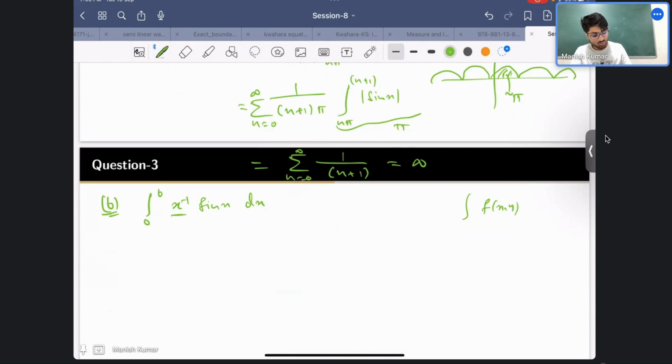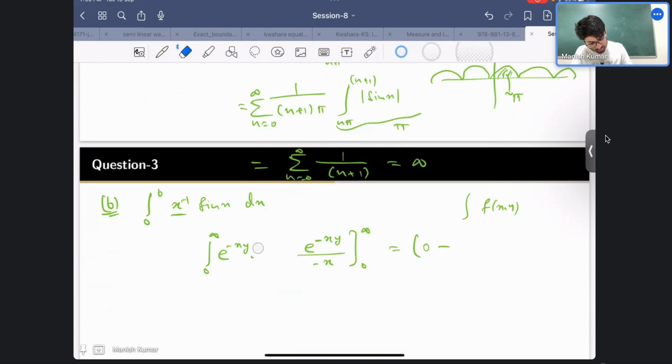So note that 1 by x you can write as the integral of e raised to the power minus xy from 0 to infinity. So let's integrate this. We have e raised to the power minus xy upon minus x, from 0 to infinity, right? Now you put infinity, you will get 0. So 0 minus, if you put y equal to 0, this is with respect to y, okay?